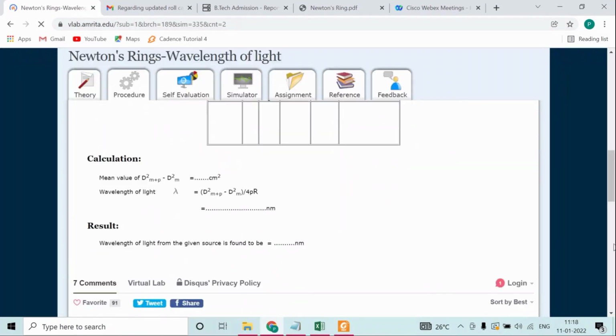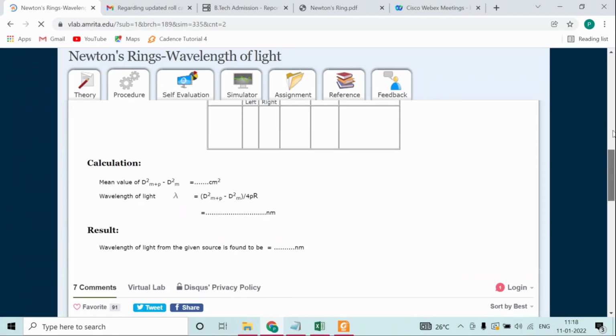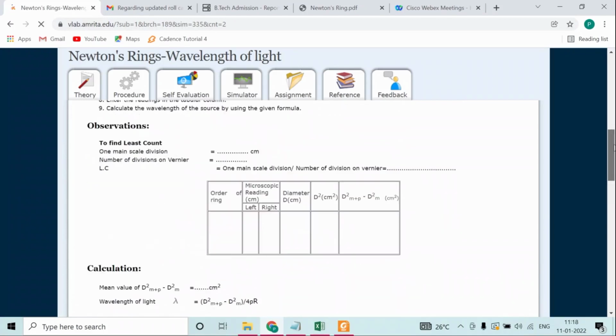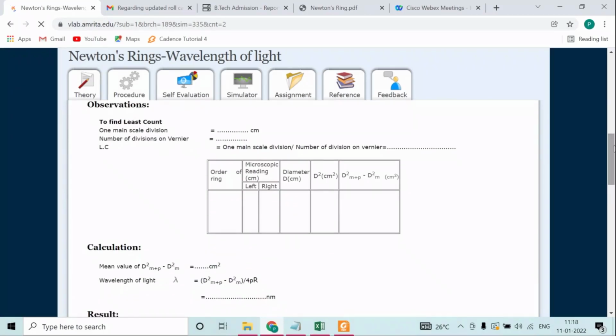Just note down the observation and calculation, then we'll start the proceeding.